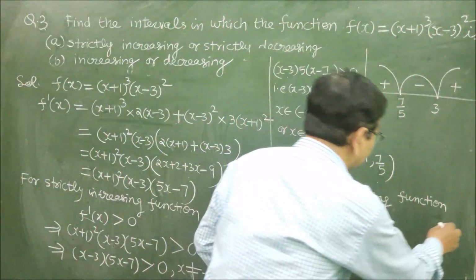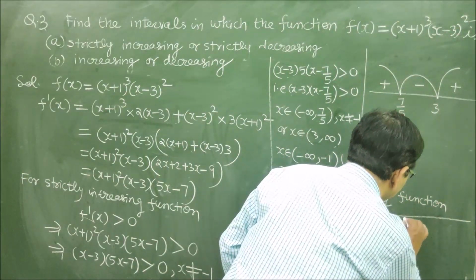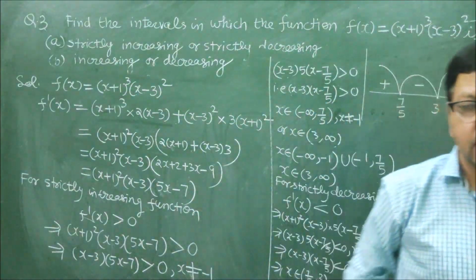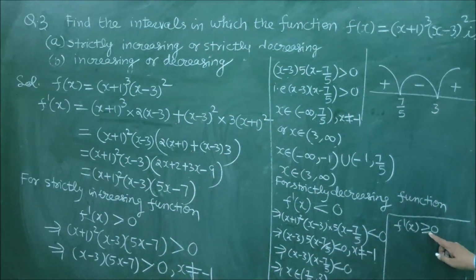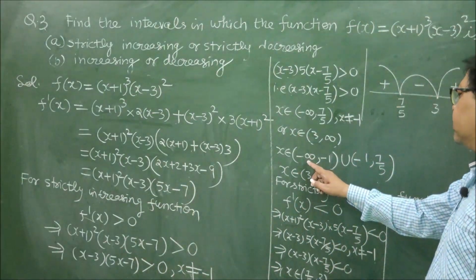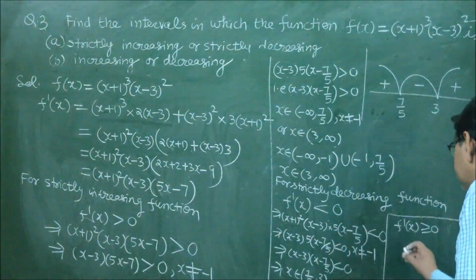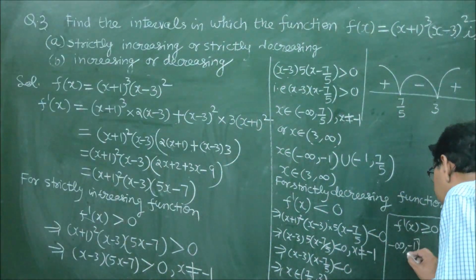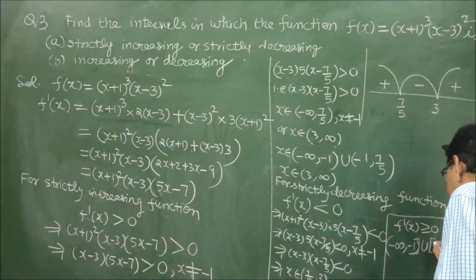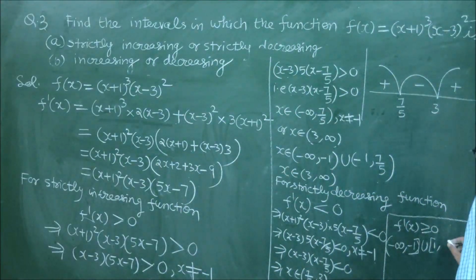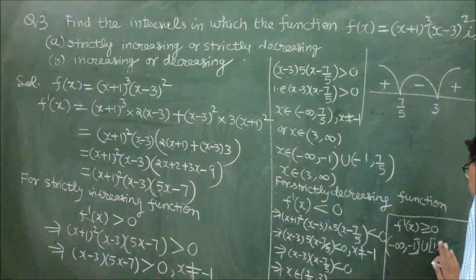Now let us talk about increasing or decreasing. For increasing, we have the condition f'(x) should be greater than or equal to 0. Now f'(x) greater than or equal to 0 means we need to include this condition also. So the interval becomes (−∞, −1) union (−1, 7/5).